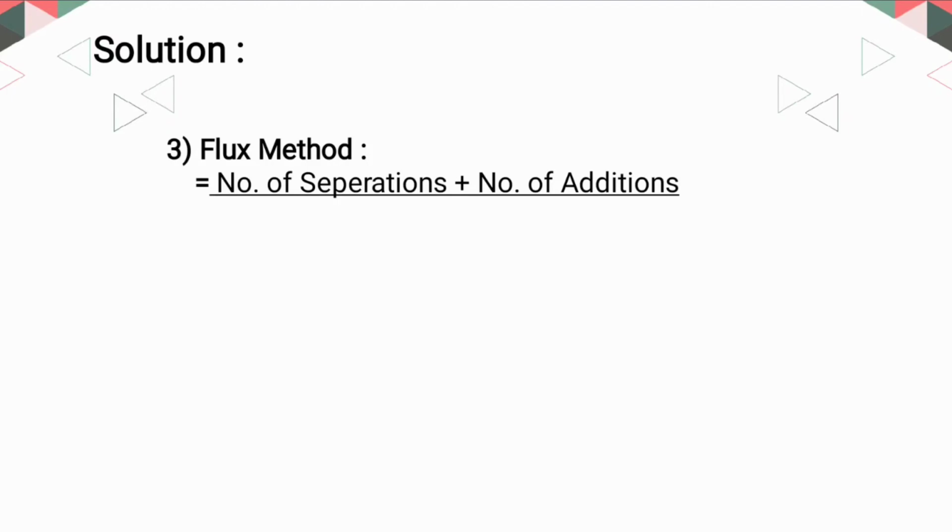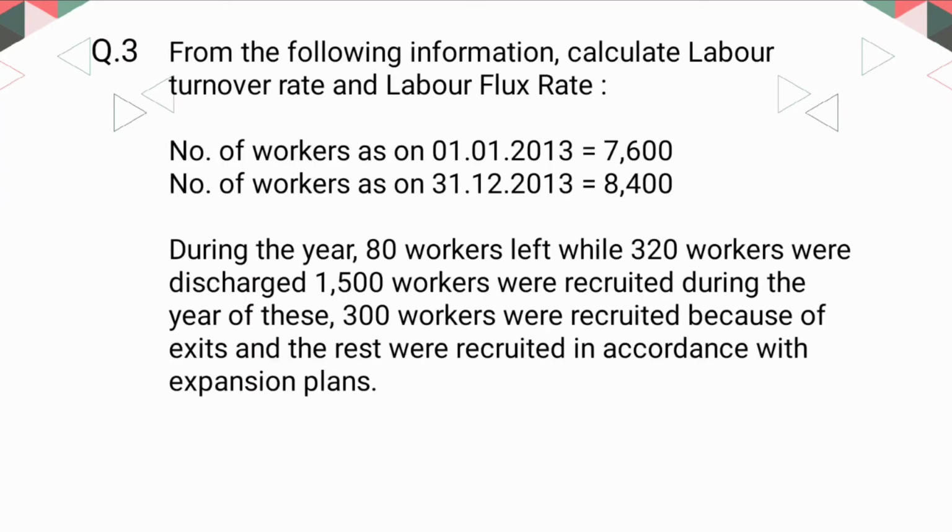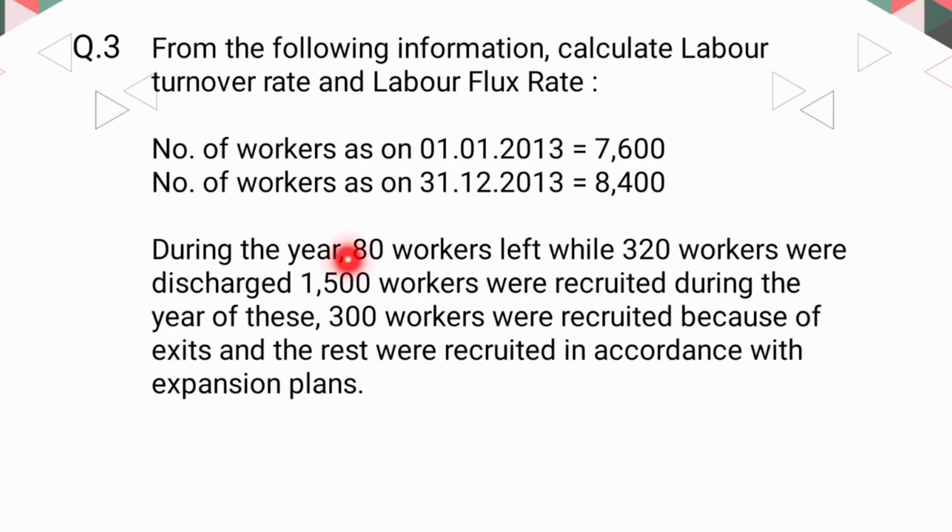Next, we will calculate labor turnover by flux method, which will be equal to number of separations plus number of additions divided by average number of workers into 100, which will be equal to number of separations, which is 80 workers left and 320 workers were discharged.